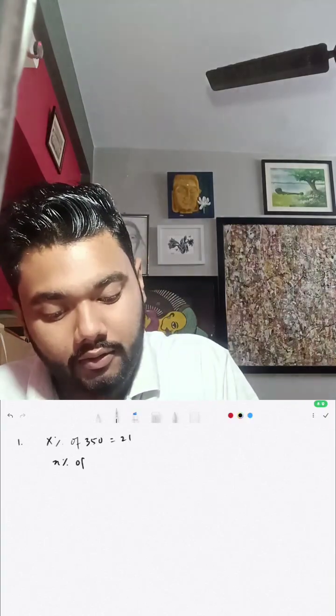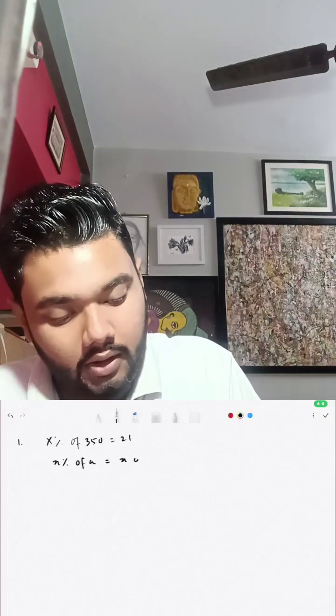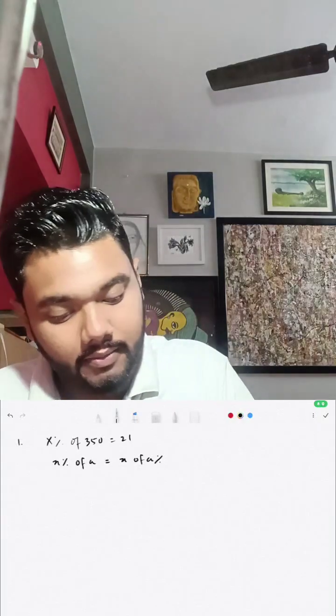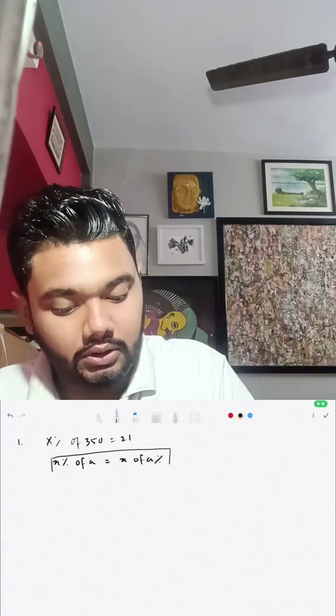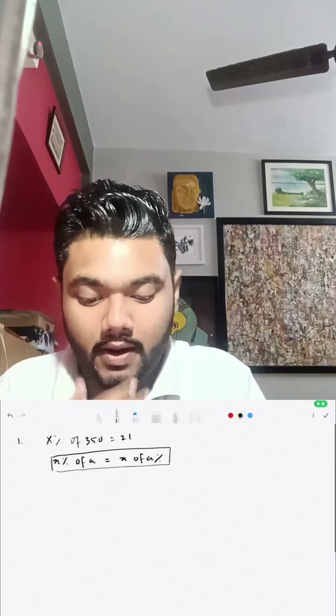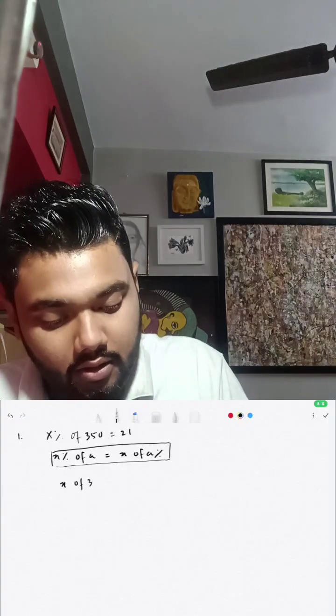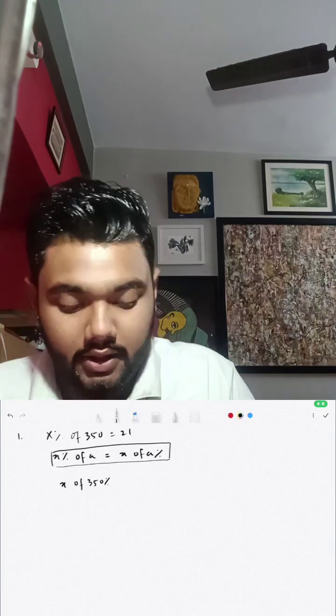So we know that x percent of a is equal to x of a percent, right? We know this thing. So x percent of 350, we will write here x of 350 percent.